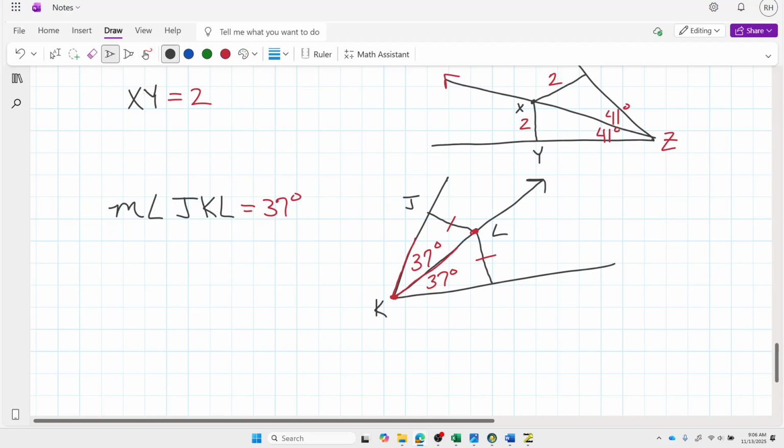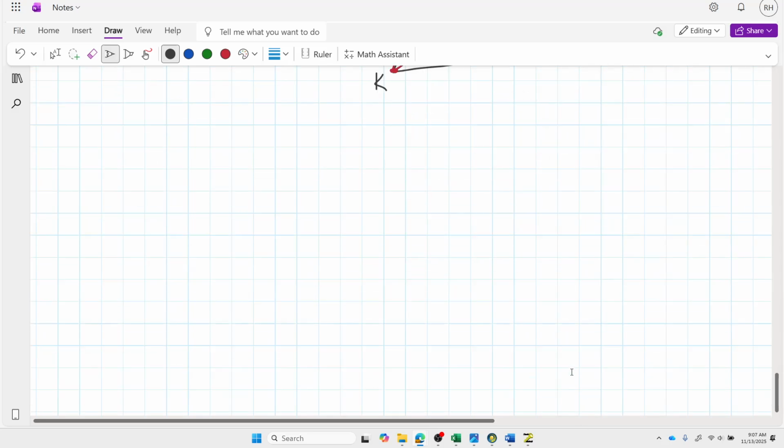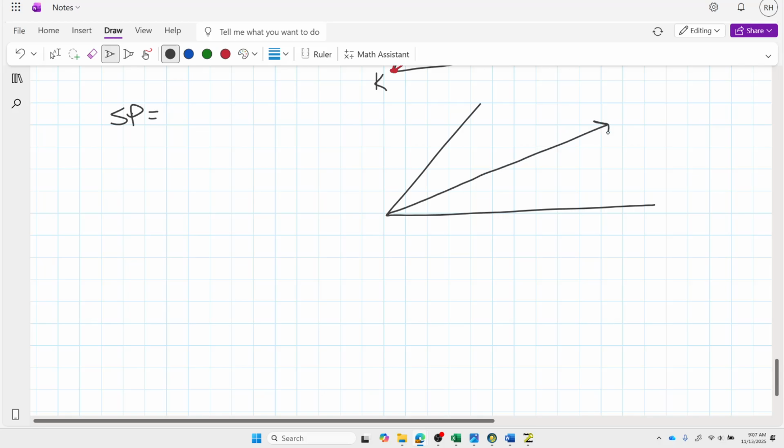All right, in that third example, you need S to P. And here's your picture. You've got point S. P is down here. And you're told that these two angles are the same.